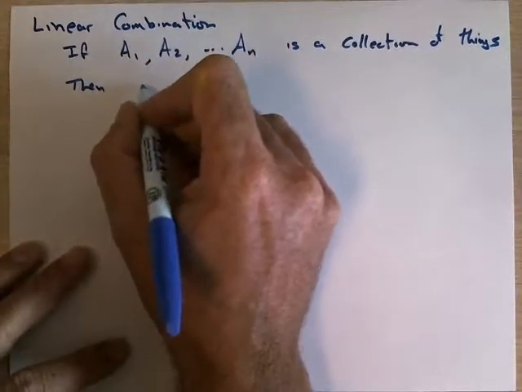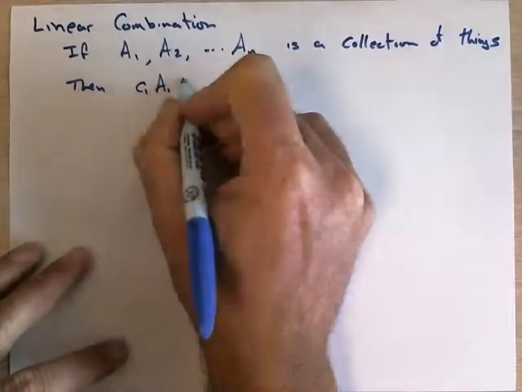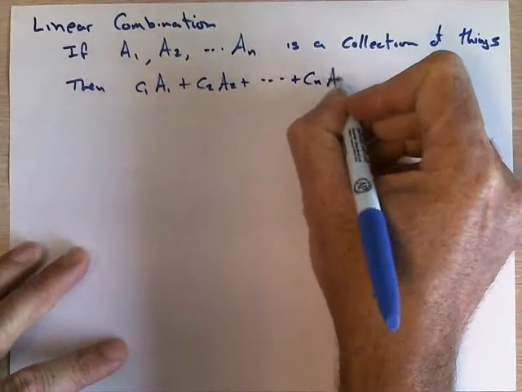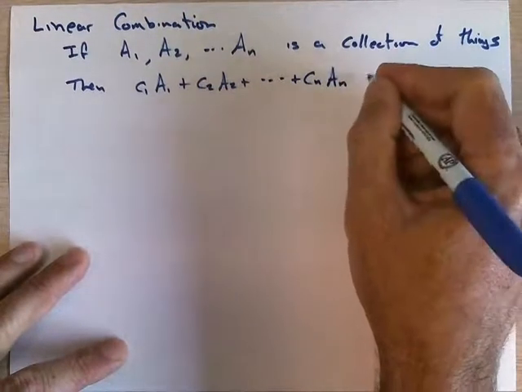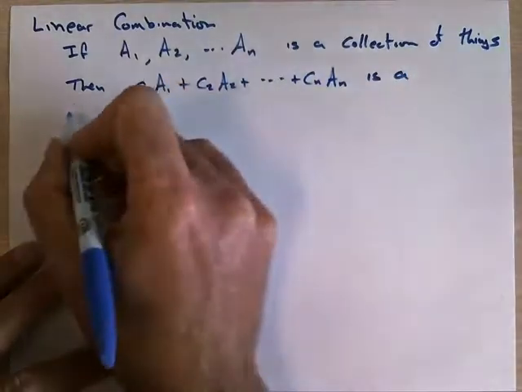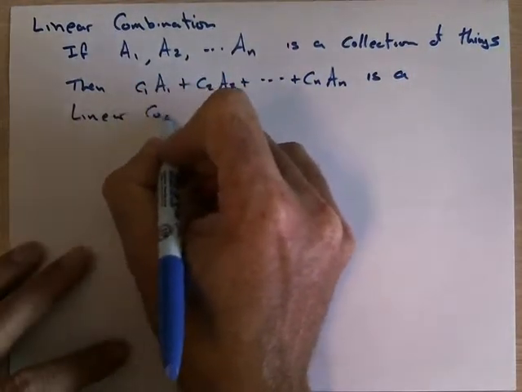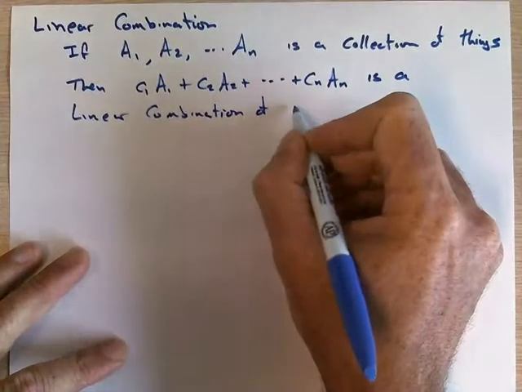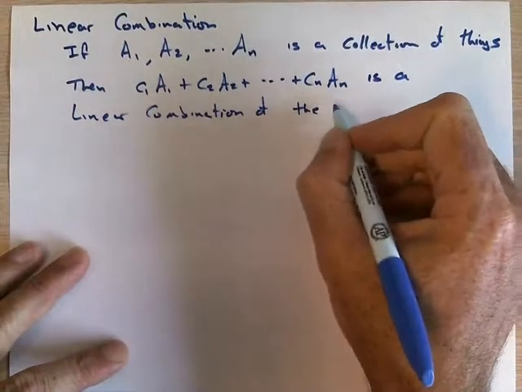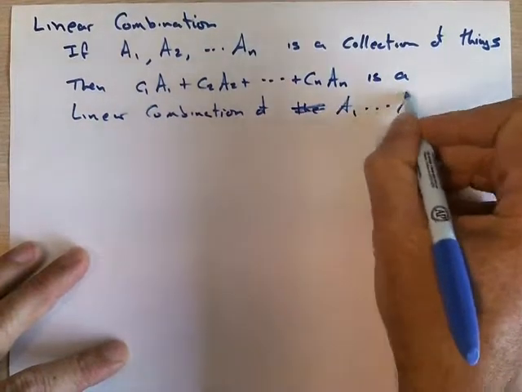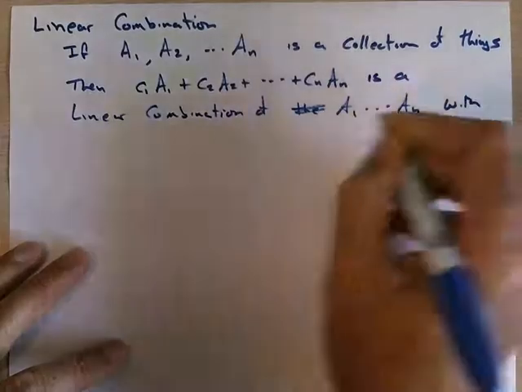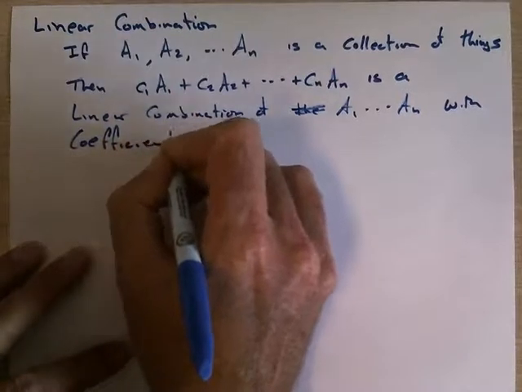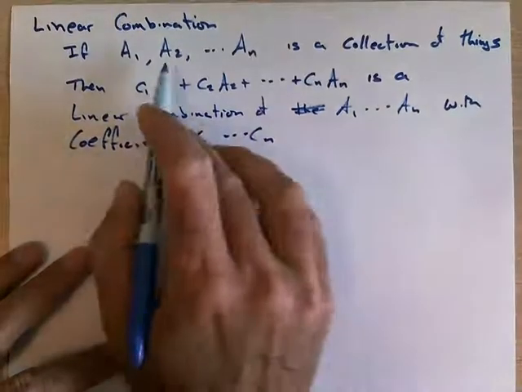C1 A1 plus C2 A2 plus up to Cn An is a linear combination of the AIs, of A1 up to AN, with coefficients C1 up to Cn. So I say I don't care what these things are.